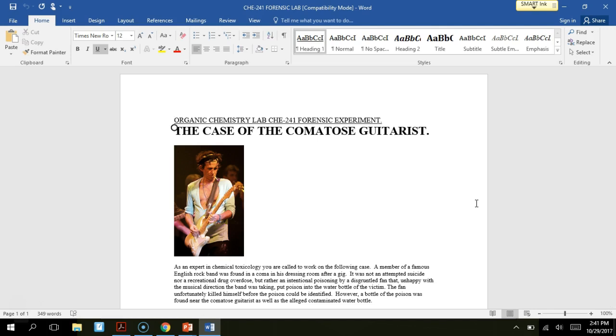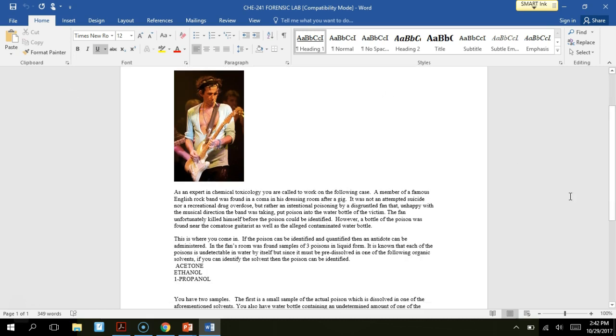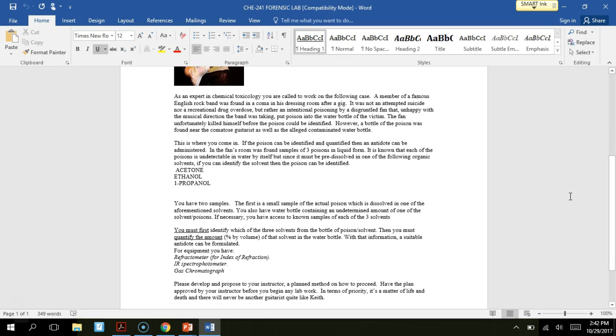Hey everybody, wanted to describe what you're going to do for the forensic experiment, which Professor Sherlock has conveniently titled The Case of the Comatose Guitarist. You are an expert and you obviously follow the Rolling Stones, and during a show, one of the members of the Rolling Stones, probably Keith Richards, is poisoned by a fan.